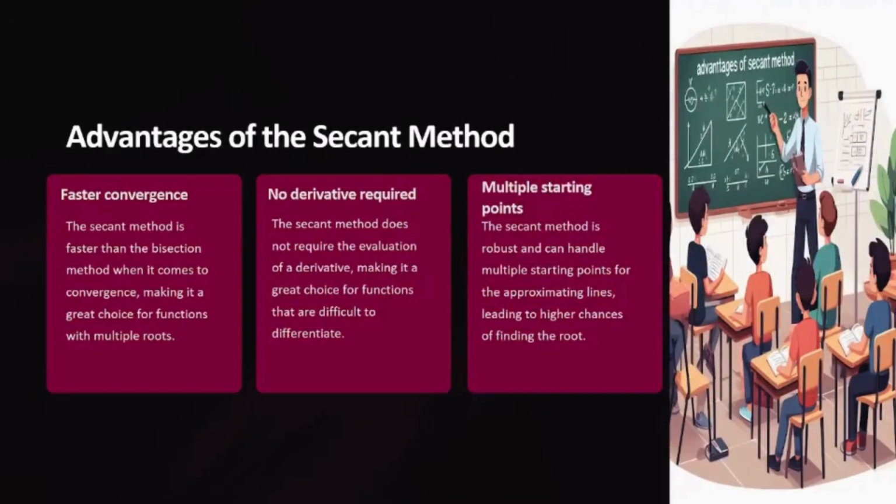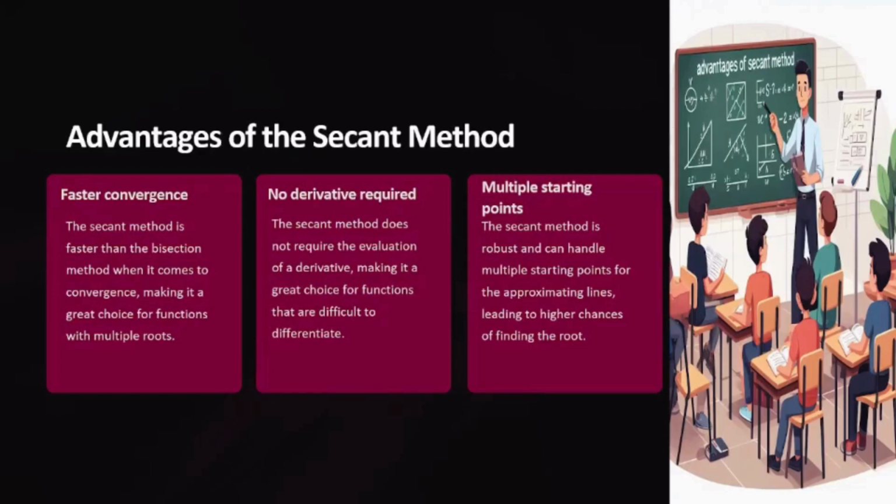Now I'll talk about the advantages of the secant method. The secant method has three main advantages: faster convergence, no derivative required, and multiple starting points. First, faster convergence: the secant method converges faster than the bisection method, making it a great choice for functions with multiple roots.